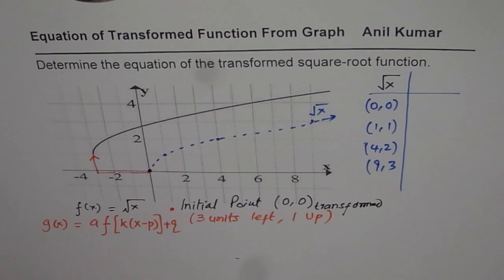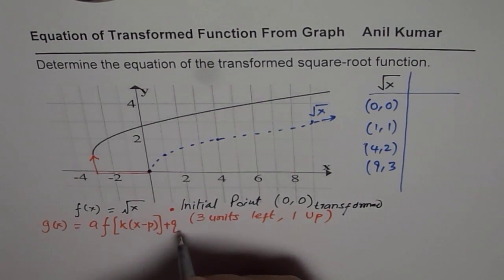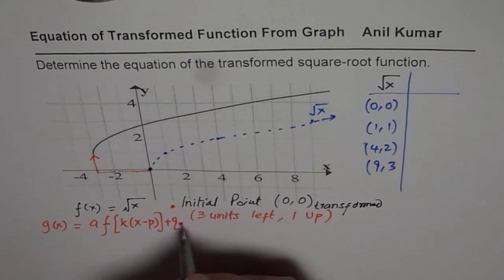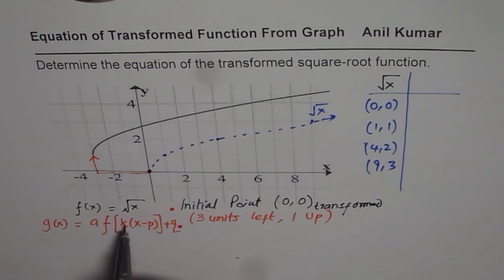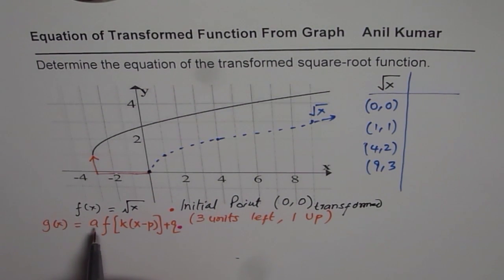Now what is the next point to look into? The next point to look into is stretch, horizontal or vertical, right? Normally we'll just consider the vertical stretch and imagine that the horizontal is 1, right? So even if there's a factor here, you could factor it out. That's the whole idea.